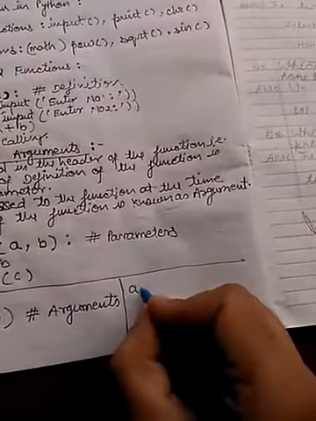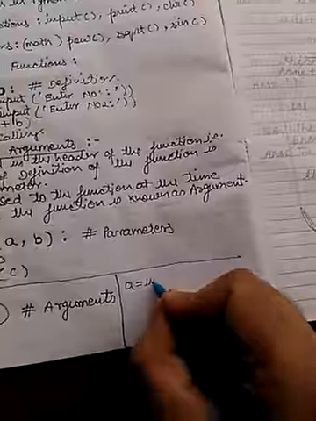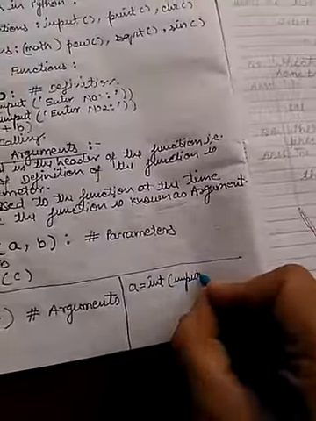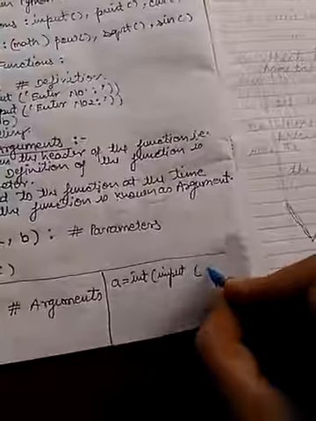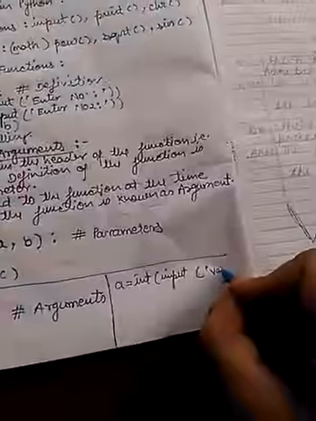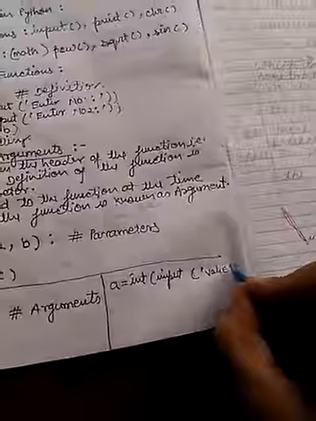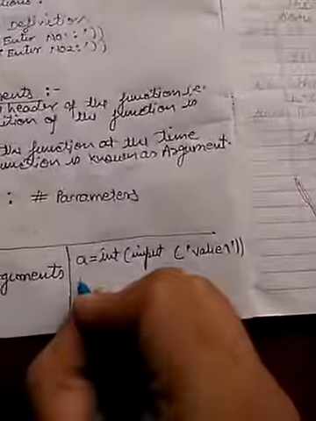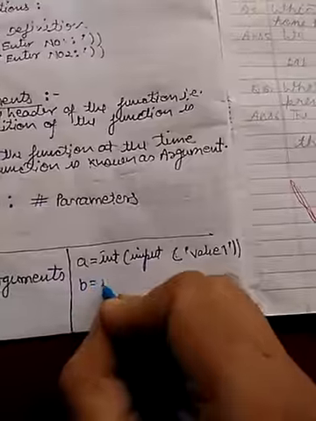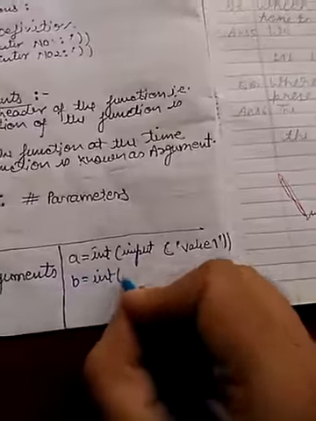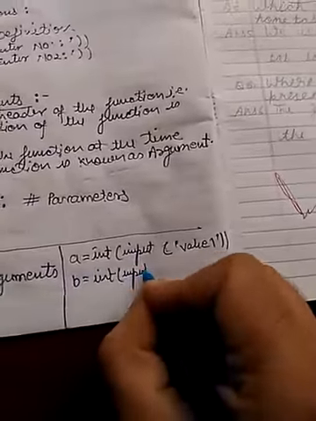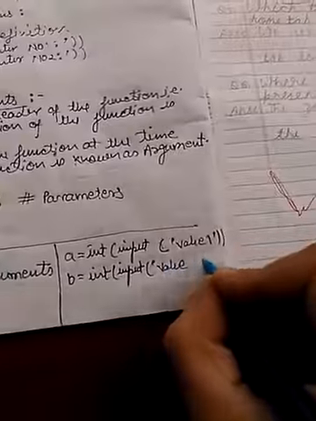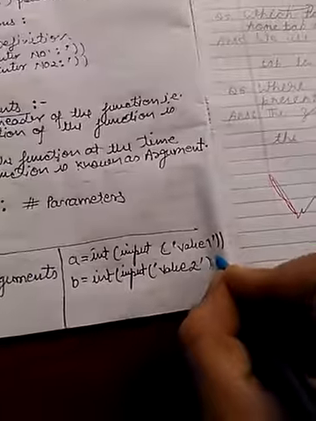You take two numbers from the user: A equal to int input, value 1, B equal to int input, value 2.